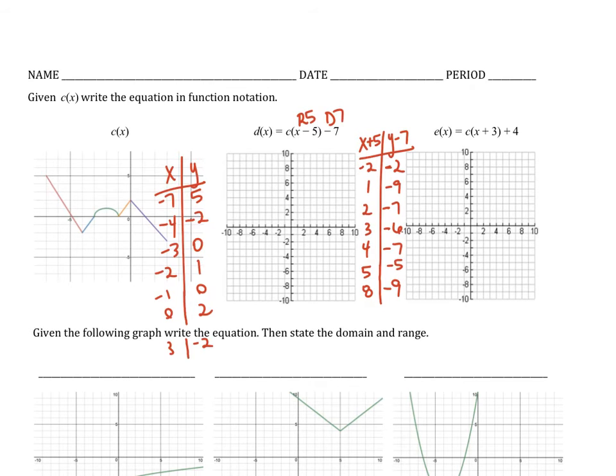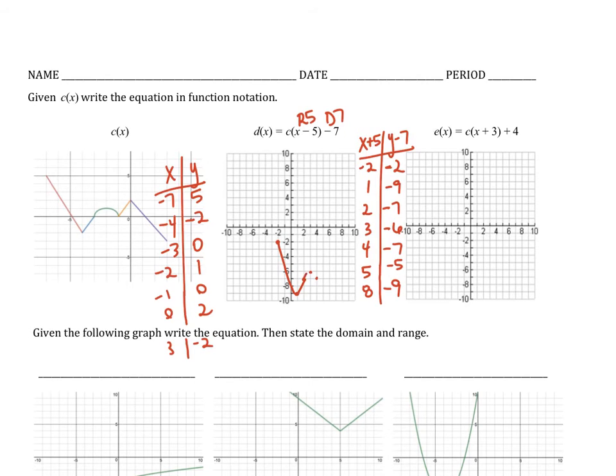So I have negative 2, negative 2. 1, negative 9, all the way down here. Just going to connect it. 2, negative 7 comes up here. 3, negative 6. 4, negative 7.